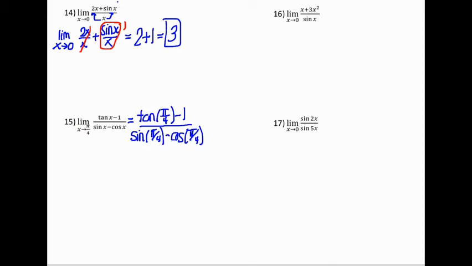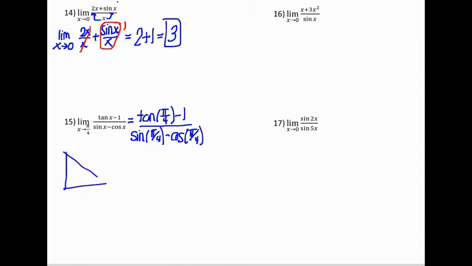All right, here's another big deal. You have to be able to evaluate the trig values of all of your reference angles. Being able to see pi over 4 as 45 degrees and knowing sine, cosine, and tangent of 45 degrees. Now, you can use your special right triangles.